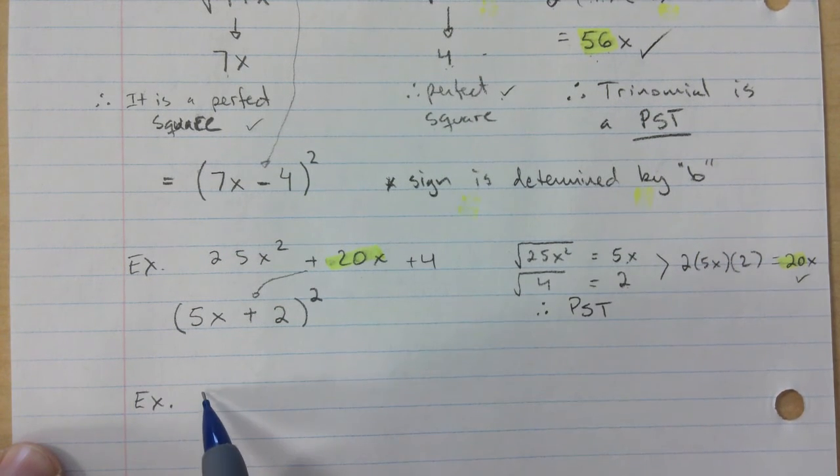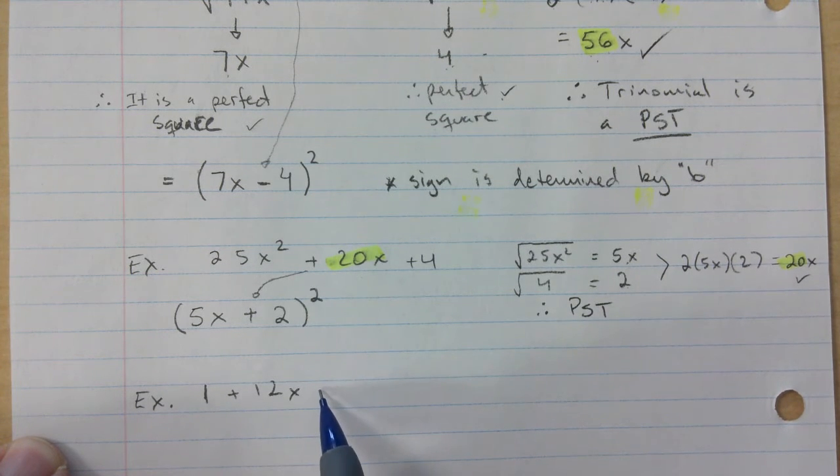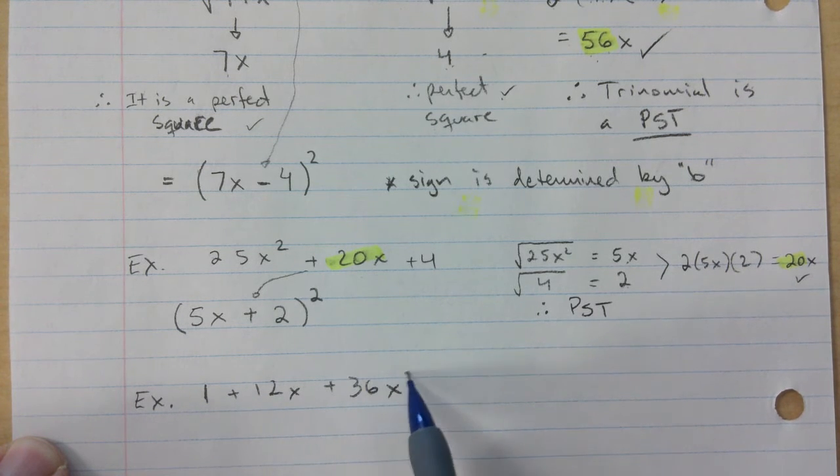Another example. 1 plus 12x plus 36x squared.